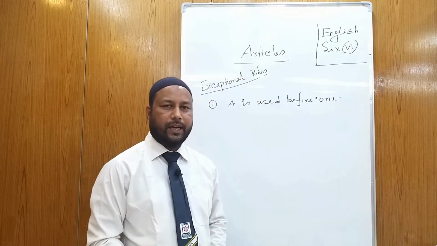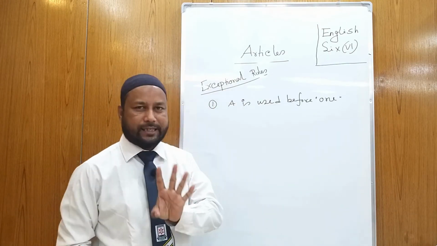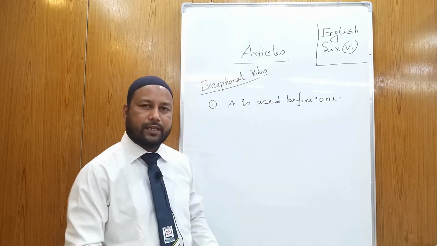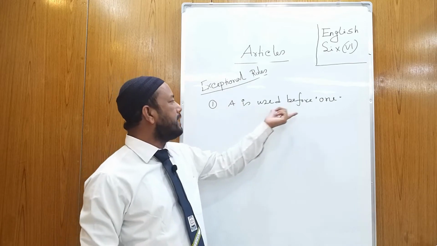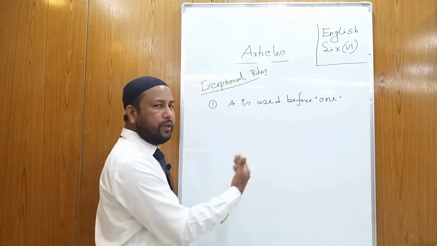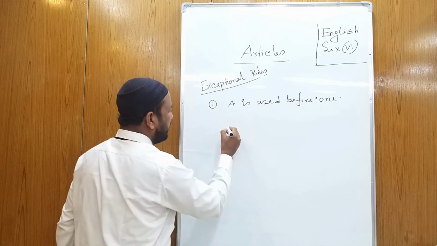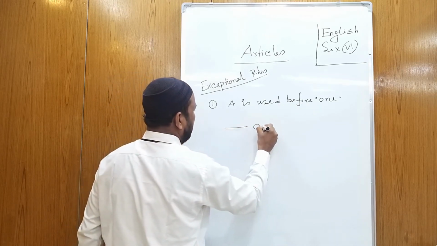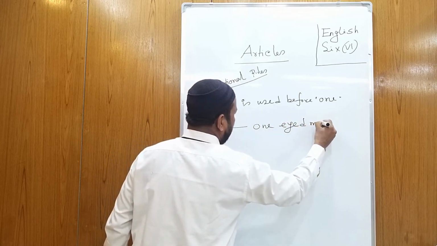Thank you. Now we will move to the exceptional rules. There are 4 kinds of exceptional rules. We will discuss them one by one. The first rule is a is used before one. We will always use a before one. Look at the example. A one-eyed man.